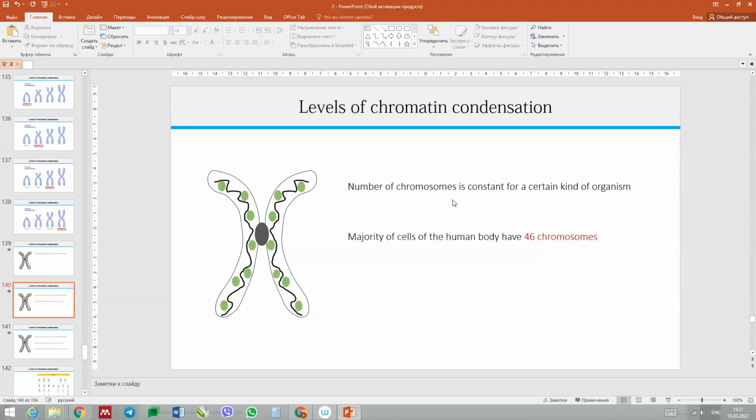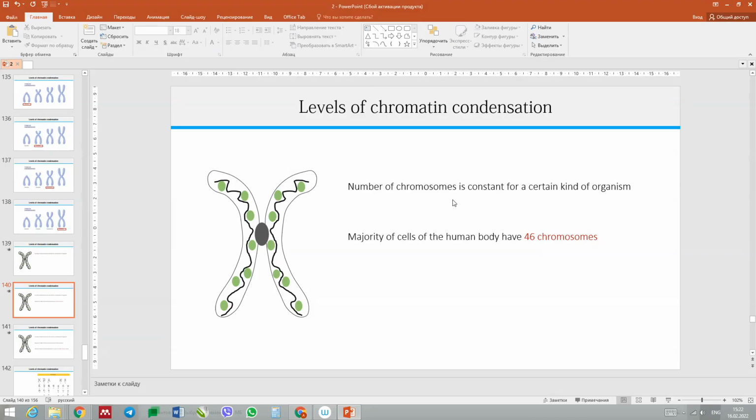The majority of cells of the human body have 46 chromosomes. Majority, but not all, because there is an exception represented by germ cells. They have only half the amount of chromosomes, and in one of our further lectures, I will explain why nature does this with germ cells.